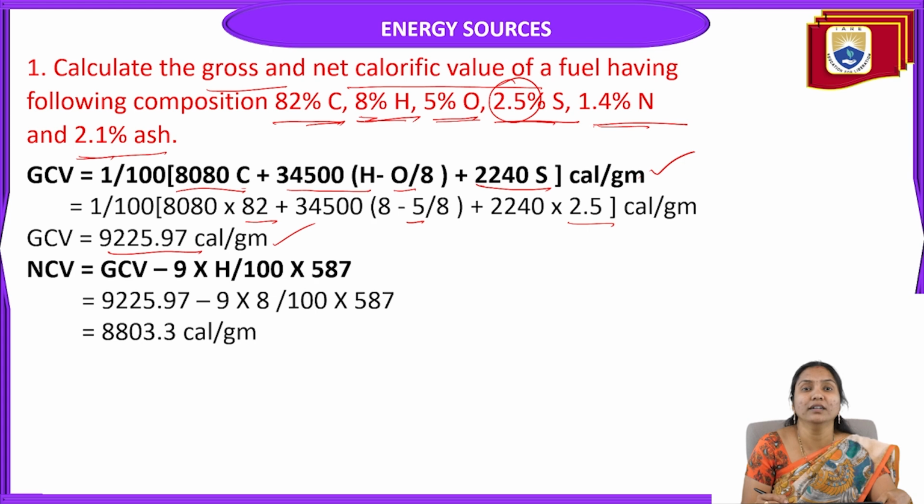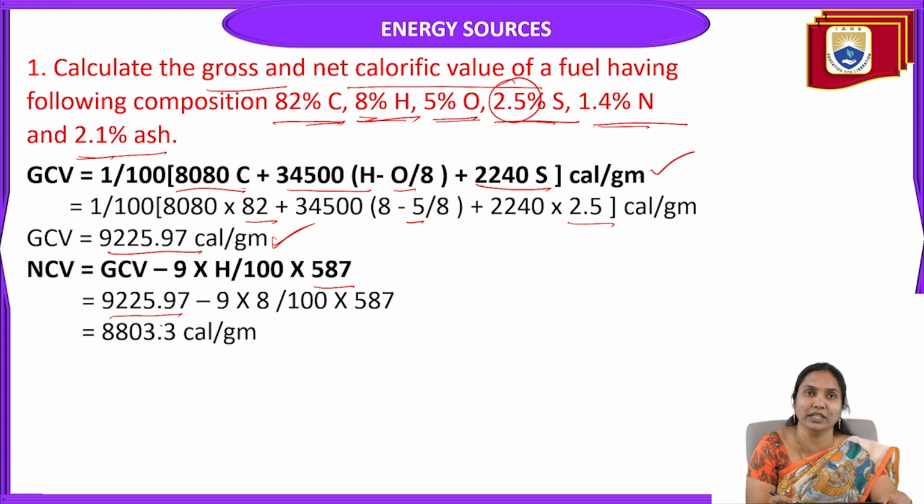Now we can calculate the net calorific value. What is the formula? NCV equals GCV minus 9 by 100 into H into 587. Here H is the percentage of hydrogen present in the fuel, and 587 is the latent heat of vaporization of water. The gross calorific value we just calculated is 9,225.97.